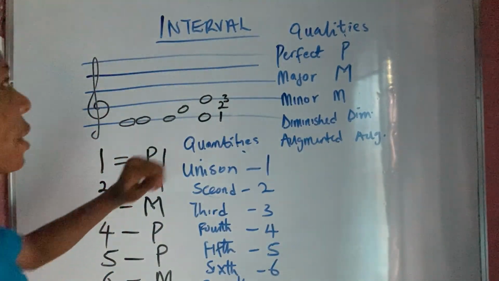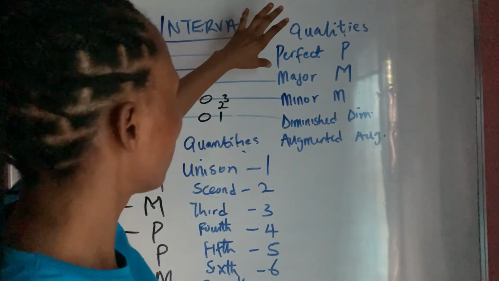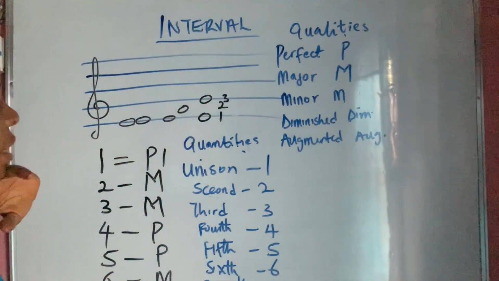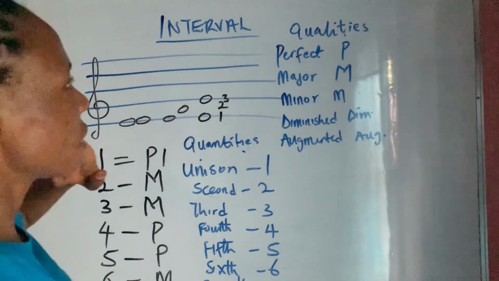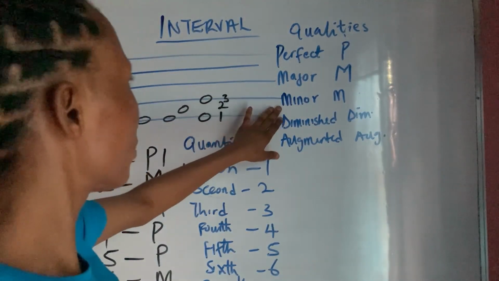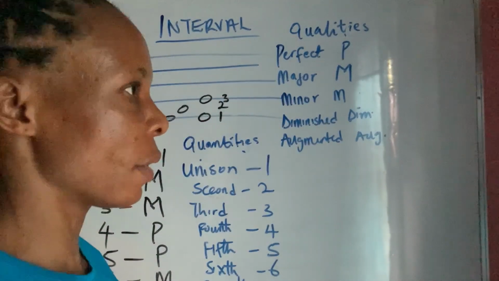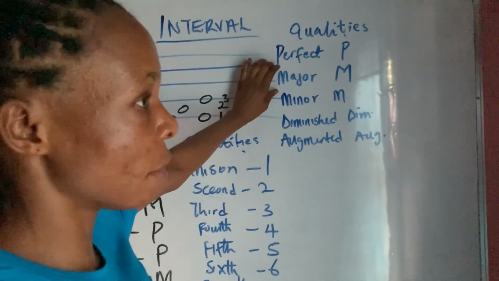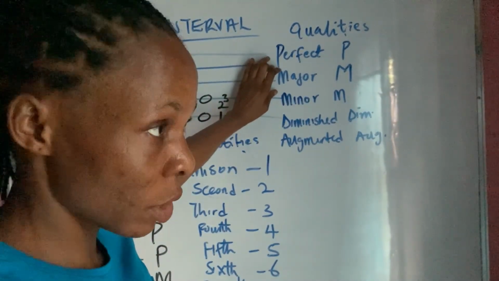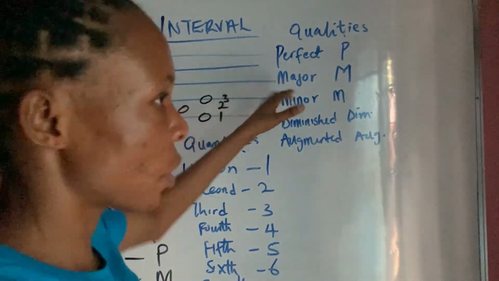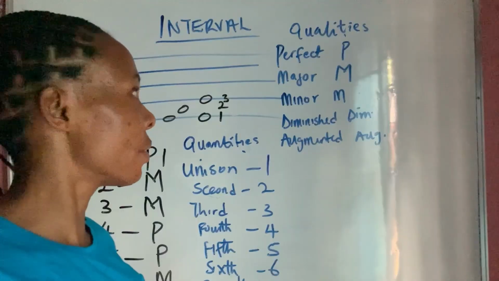Okay, now let me explain the qualities. I've already explained the qualities. Now you see we have minor here because inside major, the interval, the number or the quantity of a major, we can have minor, because if it's not a major we can have minor.